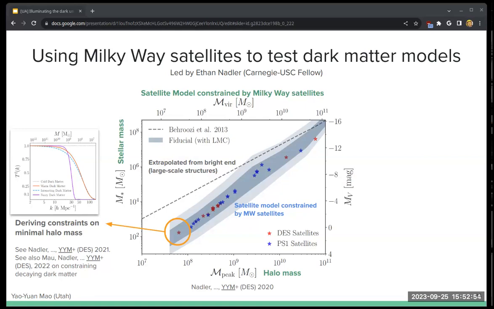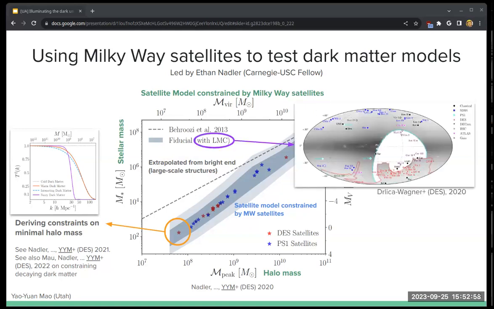If you pay a lot of attention to this plot, you might also notice the word LMC there. We actually noticed that if we didn't take into account the existence of the LMC, we cannot model the Milky Way satellite population. So we know that the LMC has a significant contribution to the satellite population in the Milky Way.